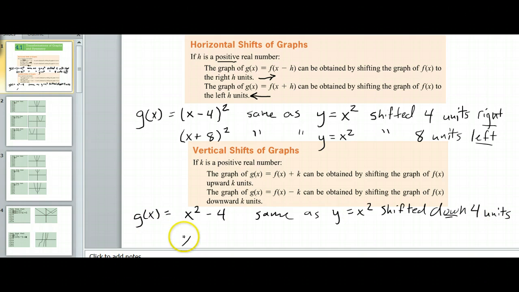Alright, and then if we added 4, or added 8, I meant to do 8, that's the same as y equals x squared shifted up 8 units.